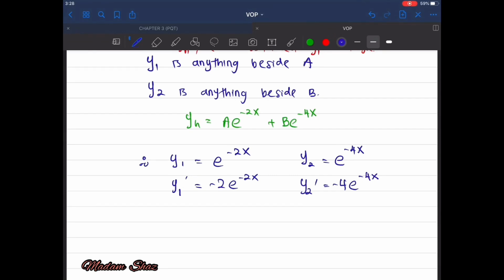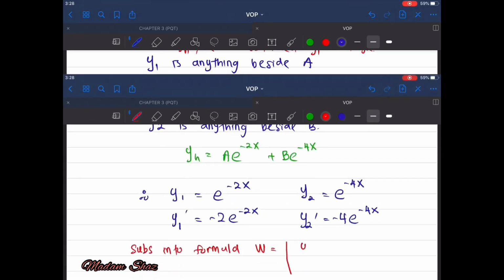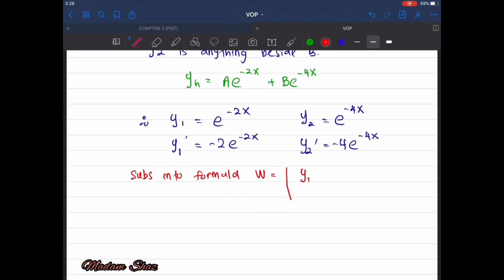So now you can substitute into the formula of W. The formula for the W is Y1, Y2, Y1 prime, Y2 prime.